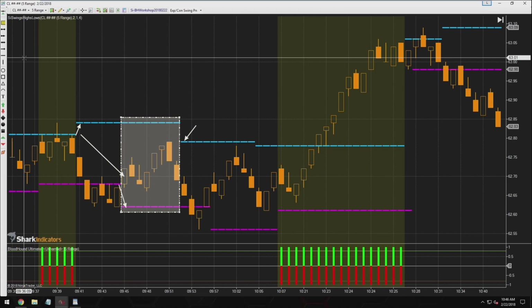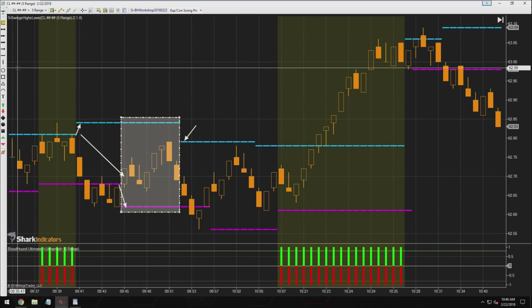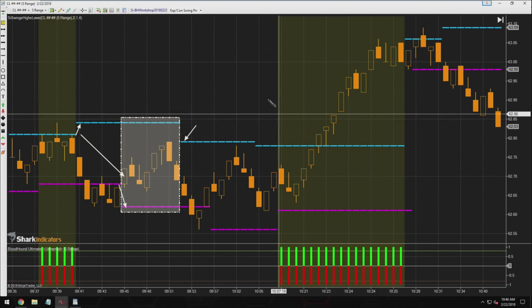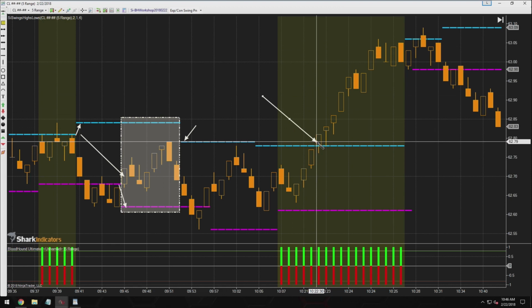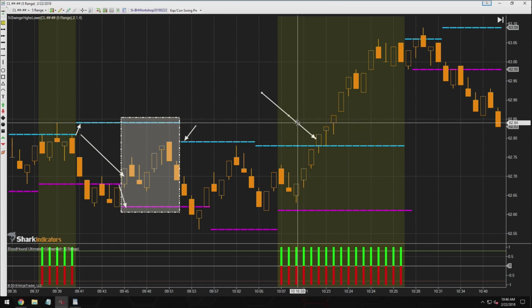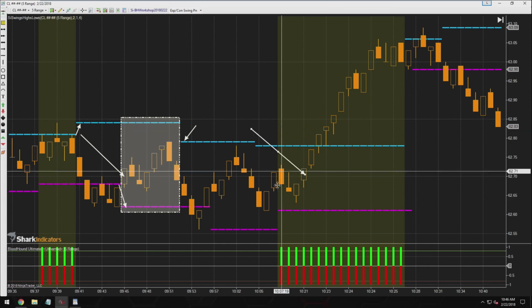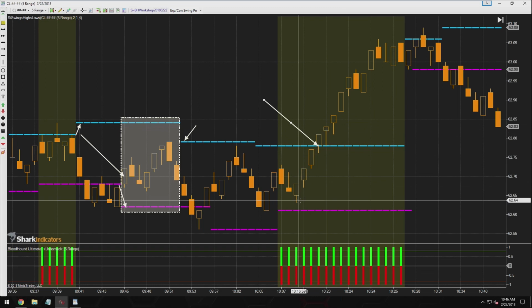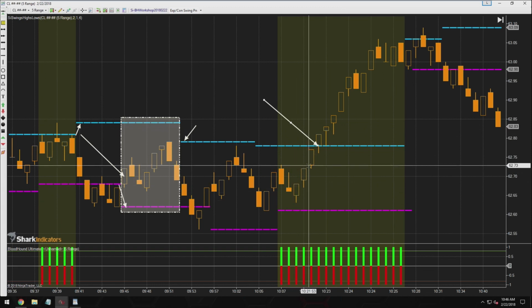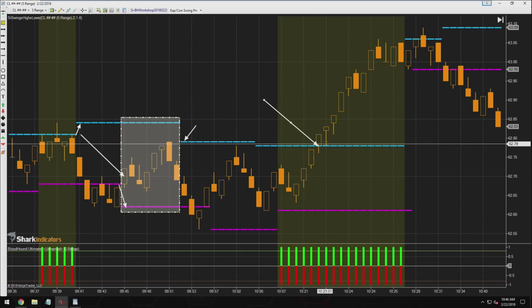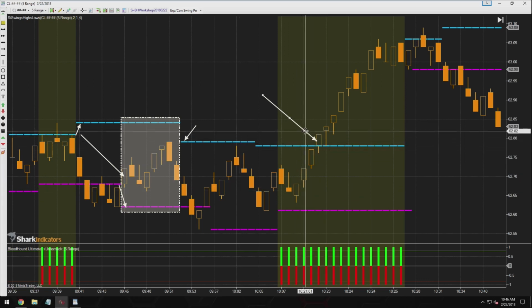Yeah, so let me expand upon this question here. I see something that's quite obvious: if price breaks out of the swing high or breaks out of the swing low, then clearly that would be price action expanding at that point, right?